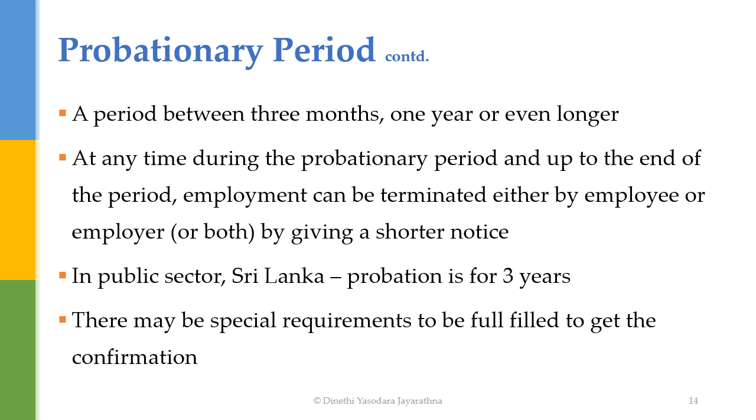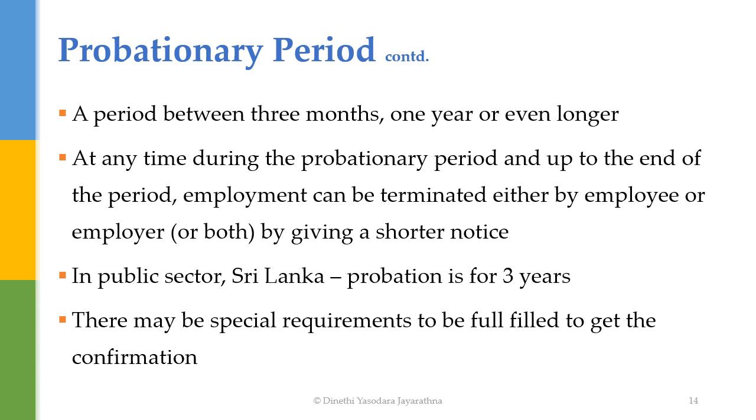For example, as a lecturer, we have to complete our master's within these 3 years to get confirmed in our job. As a lecturer, only if we complete our postgraduate degree within the 3-year probation period can we be confirmed in our job.